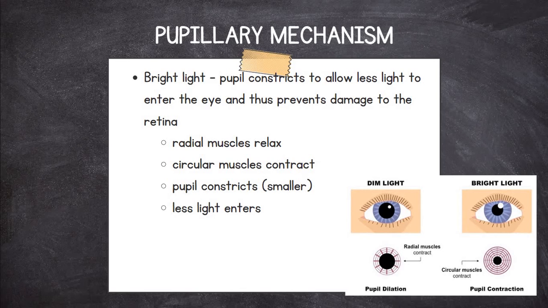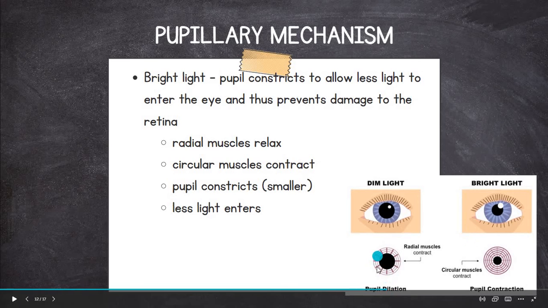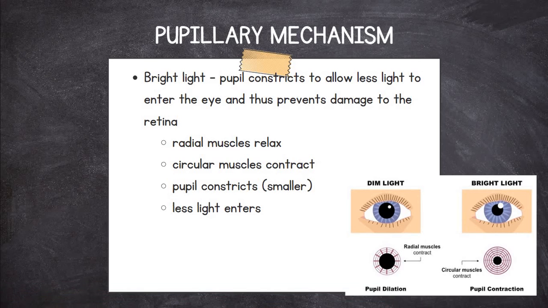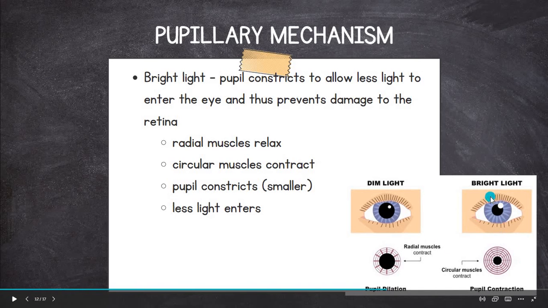So what happens is, number one, the radial muscles will relax. Okay, so these are the radial muscles inside of your iris. Sorry, we're on this side in bright light, so they will relax. But the circular muscles will contract.